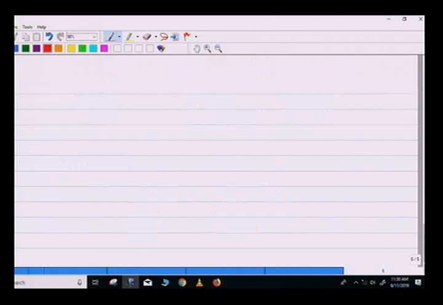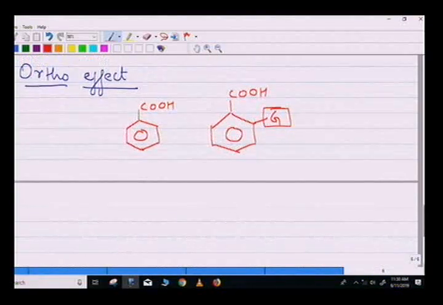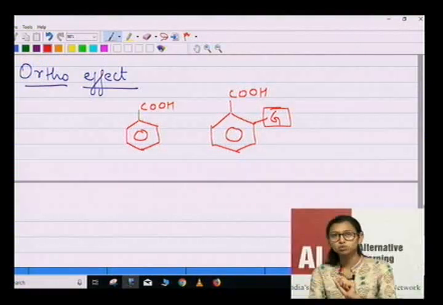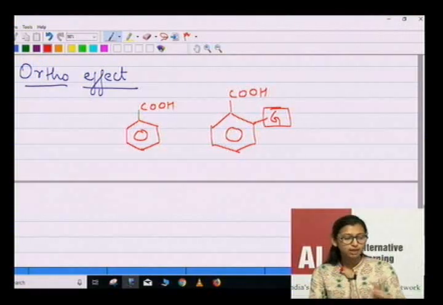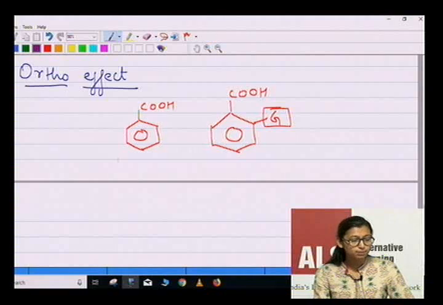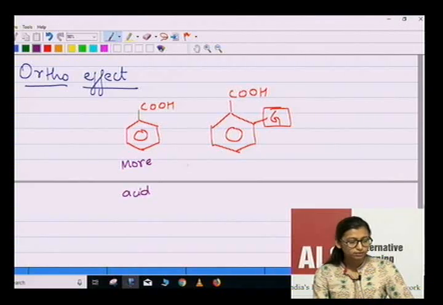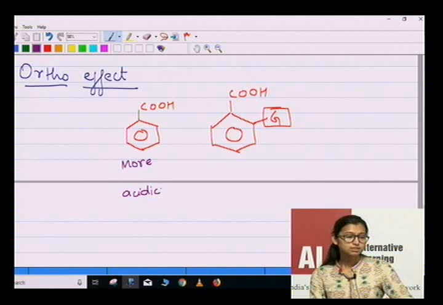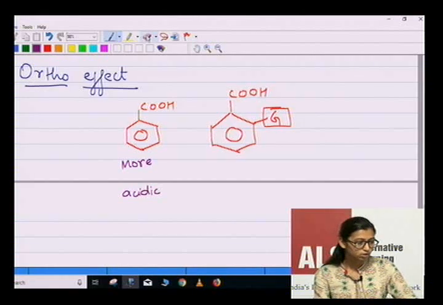But now what we have to do? Whenever you are comparing any benzoic acid with any ortho substituted benzoic acid, always remember that the ortho substituted one will be more acidic. Oh, I'm so sorry, I have written it the wrong way.